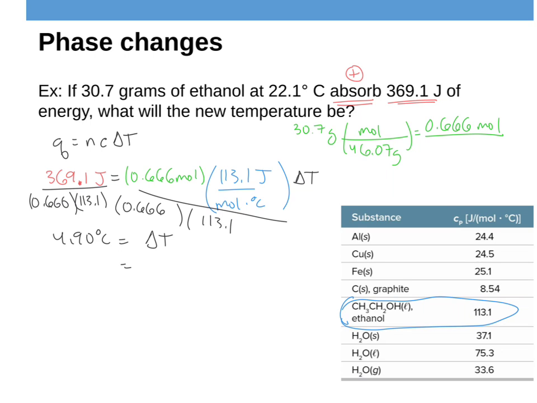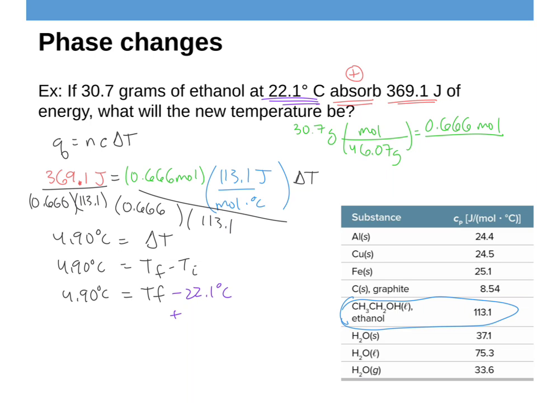But we want to remember that that delta T means the final temperature minus the initial temperature. And I actually know one of those. I already know that the initial temperature started at 22.1. So really, I can say that we've got 49.0. The T final, I don't know what the final temperature is, but I do know that the initial temperature is 22.1 degrees Celsius.